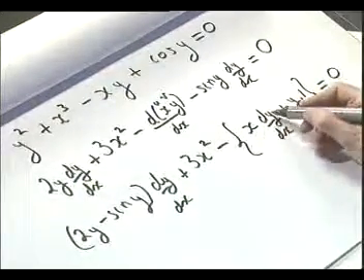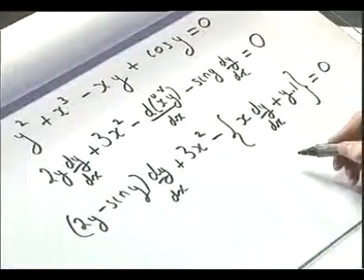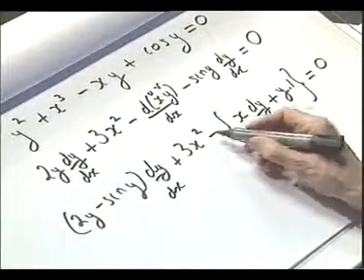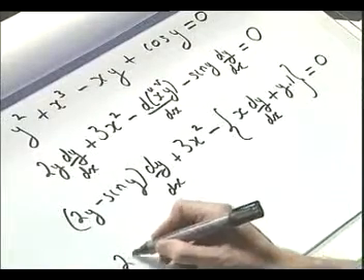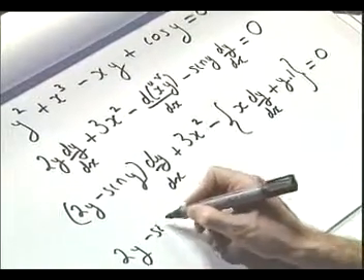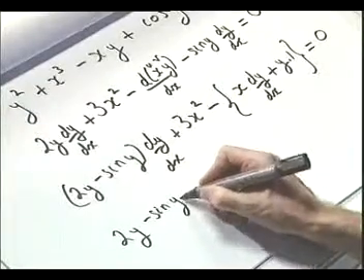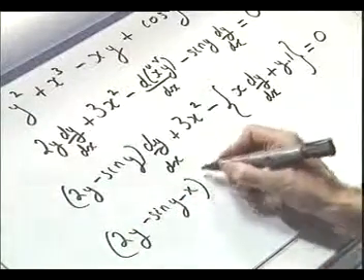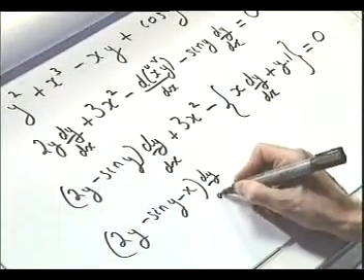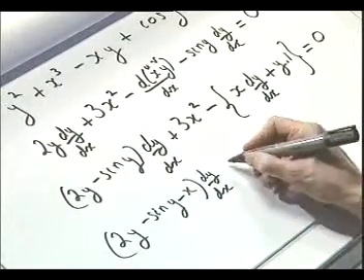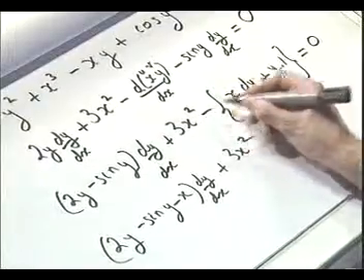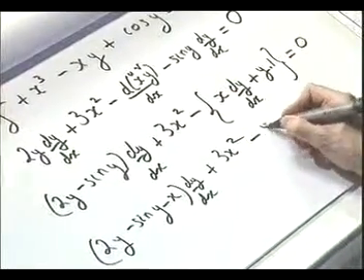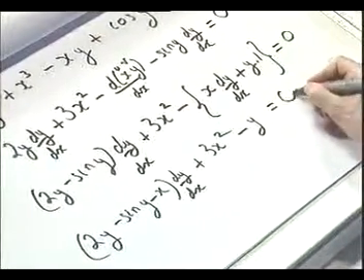So we see here that we've got another term now involving dy by dx. It's minus x. So we can put that in the bracket. So we can have 2y minus sine y minus x, dy by dx plus 3x squared, and then minus this term here, minus y equals 0.